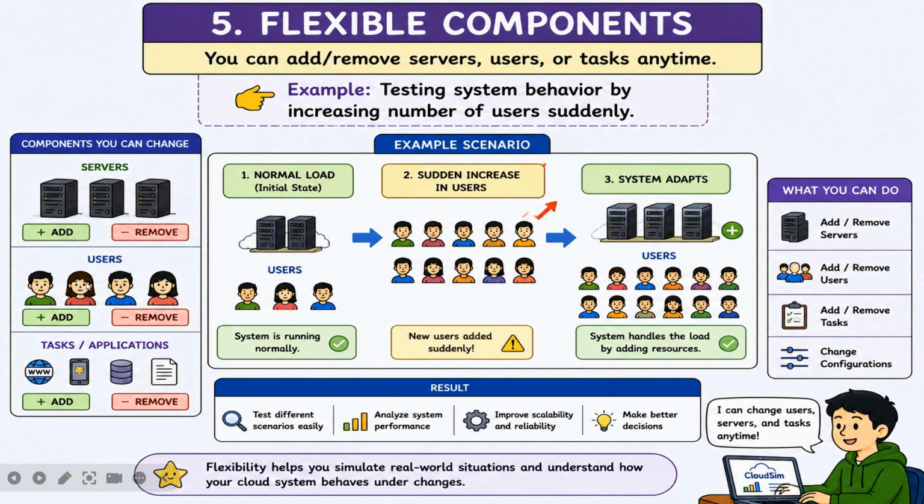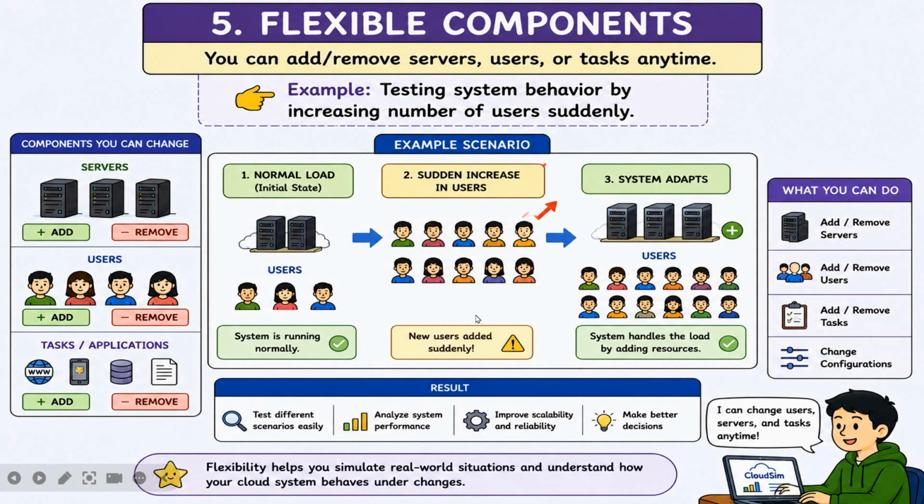And on the left side of the figure, different cloud components, you have servers, users, okay, and you have task applications which are displayed with add and remove signs or options. This indicates that CloudSim provides flexibility to modify the cloud environment at any time. That is, you can add or remove the servers, users, and the task applications.